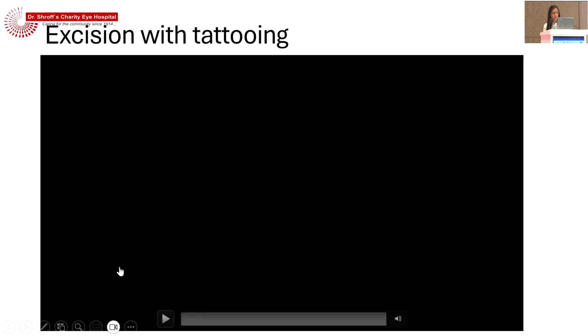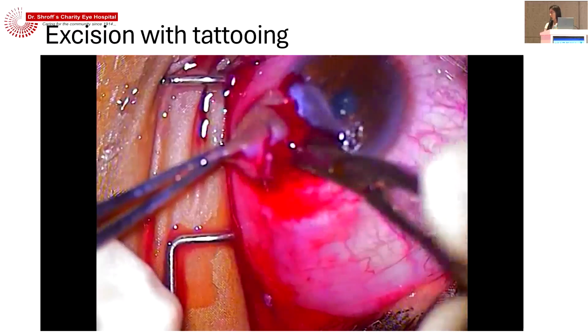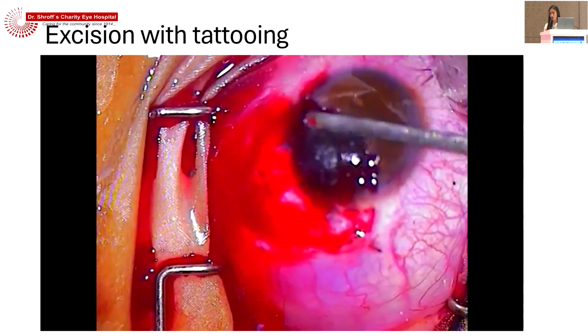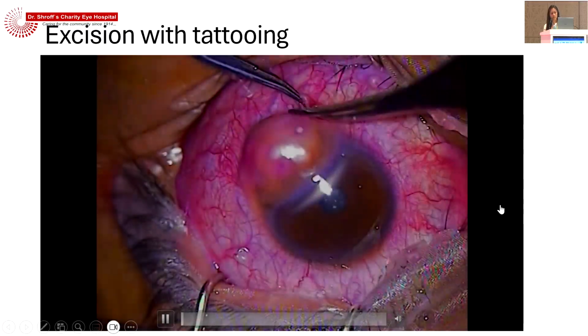So again, if cosmesis is a concern, one of the ways to go about it is to excise the dermoid, and if there is a deeper extension into the cornea, ensure that post-operatively it is cosmetically a little better.